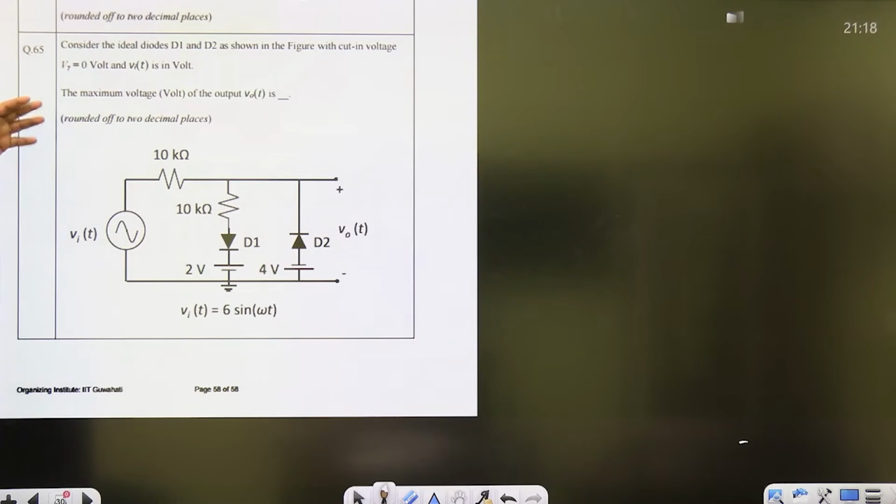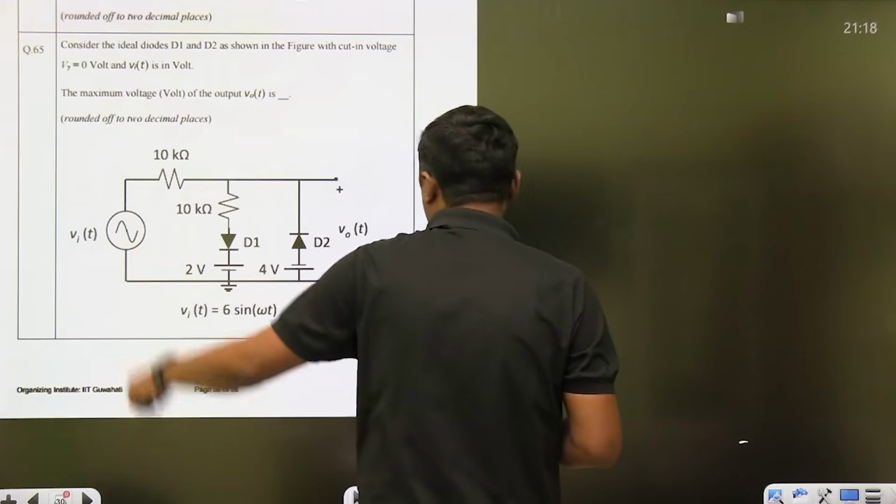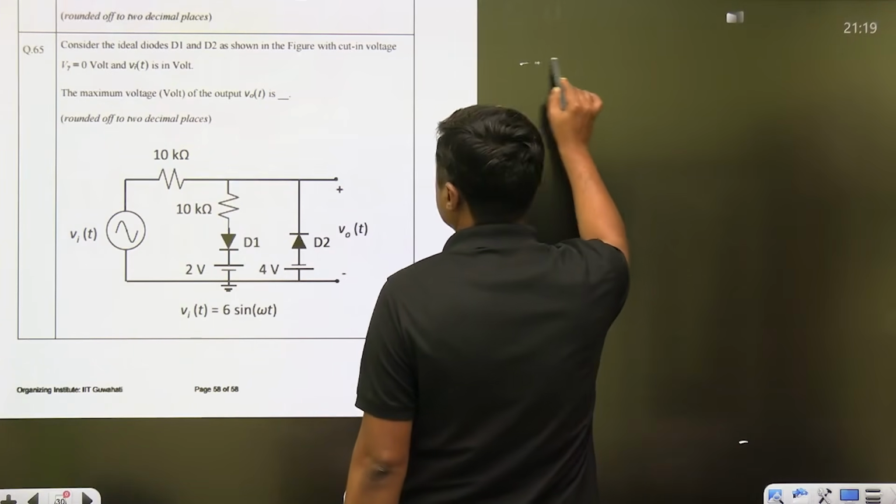The maximum value of the output voltage. When we have to find the maximum voltage, always put the maximum value of the input, guys.